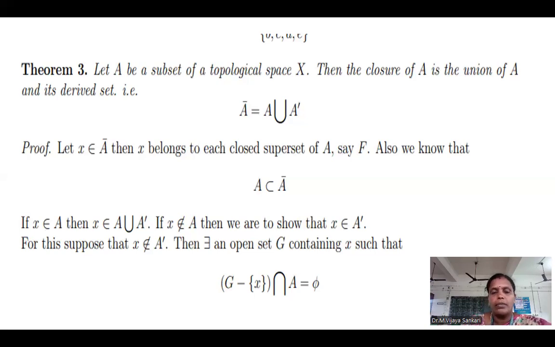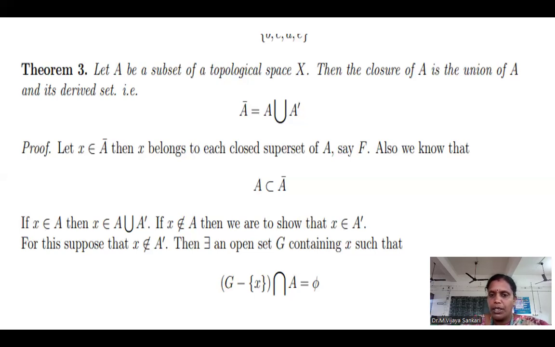We prove the theorem. Let small x belong to A bar, the closure of the subset A. Then x belongs to each closed superset of capital A, say capital F. Small x belongs to A bar and small x belongs to capital F. Also, we know that A is a subset of A bar.